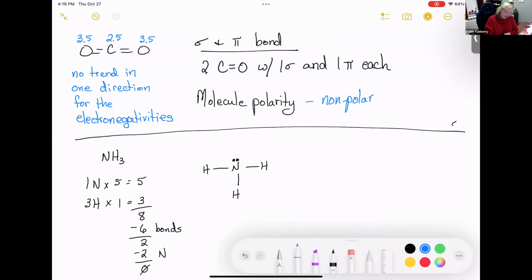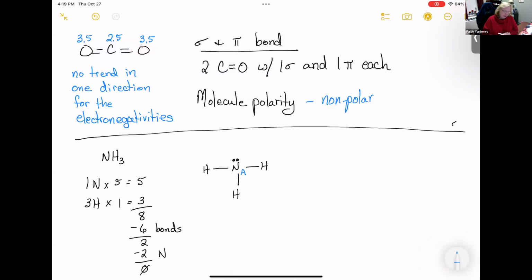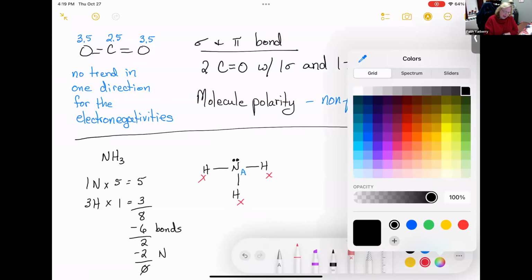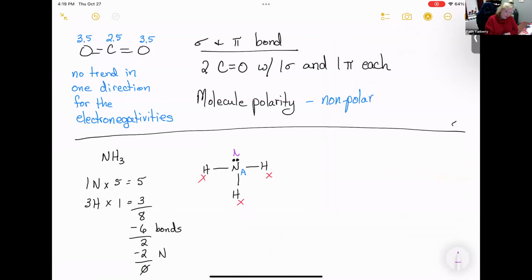Now we have the nitrogen, which is our central atom A. We have hydrogens, which are bonded to that central atom, which we'll label as X. And we have a lone pair on that central atom. So we have AX3N. From there, we can say X plus N is equal to 3 plus 1. So in other words, we have 4 things on the central atom.